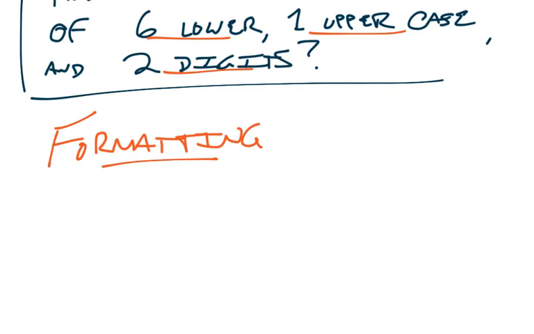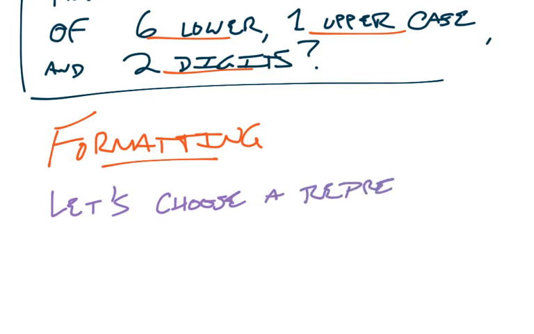So what I want to do first is let's just stick to one format for right now. Let's choose a representative format. This just really means that it doesn't have to be this format in practice, but we're just using this as our example.